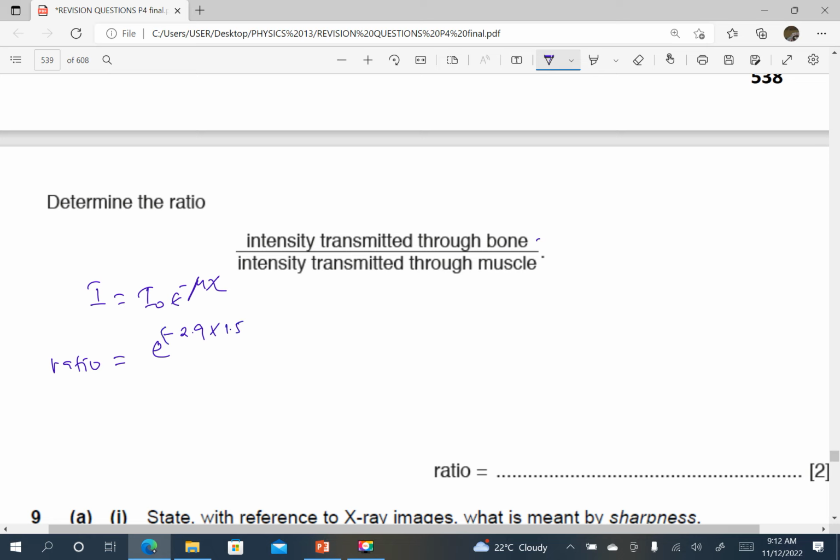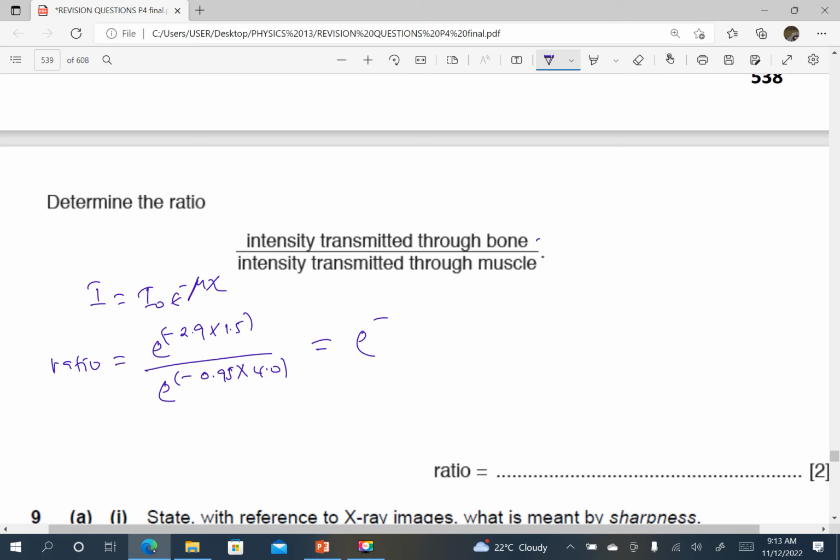So this is e for bone divided by e for muscle, where mu for muscle is 0.95 times the thickness, which is 4.0. Mathematically, this is e power negative, 2.9 times 1.5 minus 0.95 times 4.0; you subtract the powers.